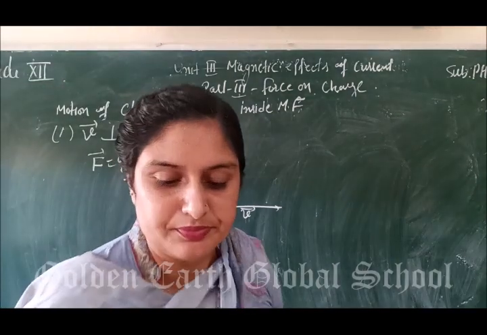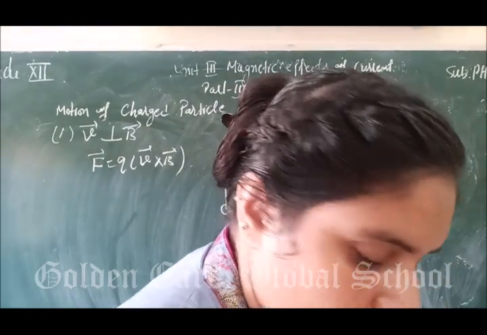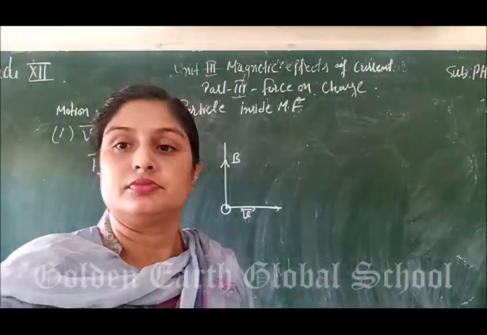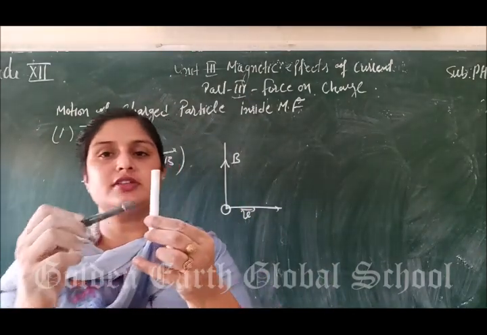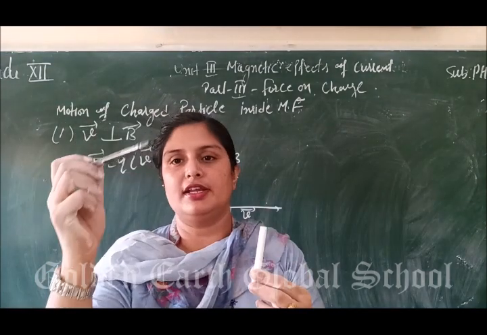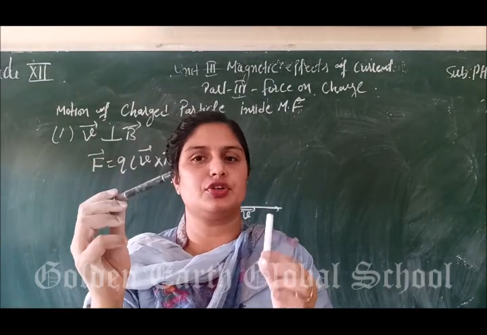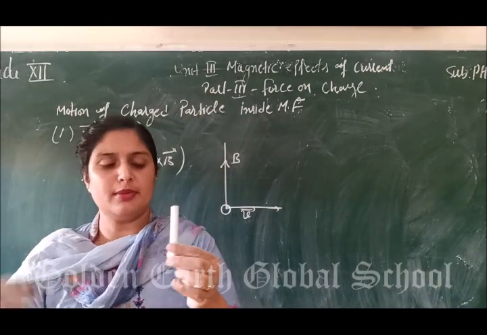Let us suppose, one second. In this case, this chalk is representing the direction of the magnetic field and this pen is representing the direction of the motion. Means the pen is representing the velocity and the chalk is representing the magnetic field.